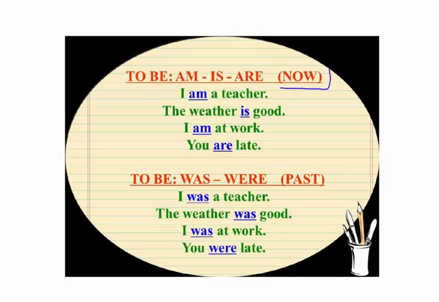Now we can use am, is, are, right? In the past we use was and were. So I was a teacher, the weather was good, I was at work, you were late. Like these sentences in the past.